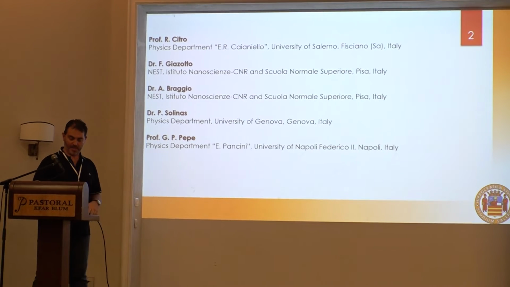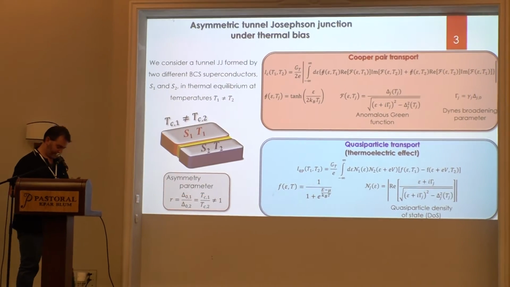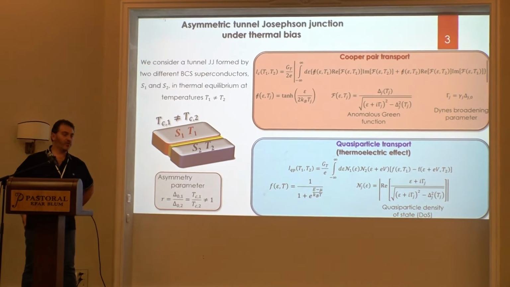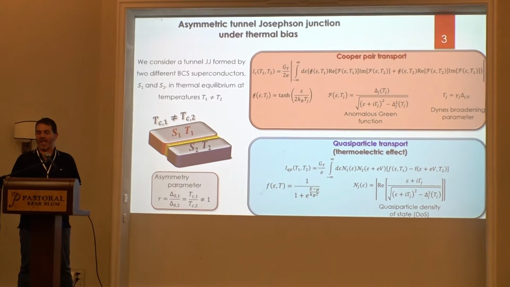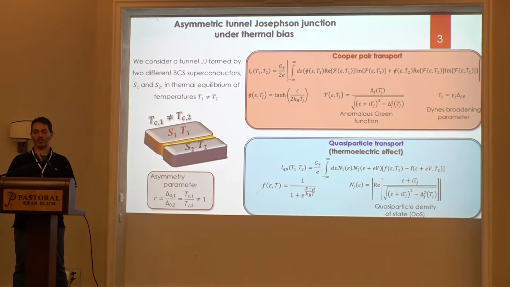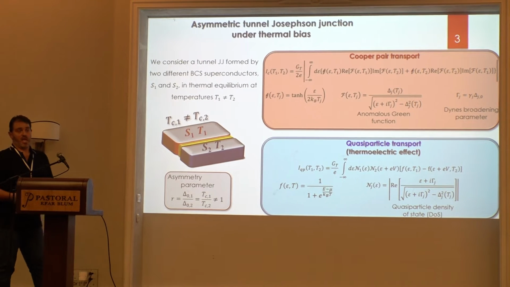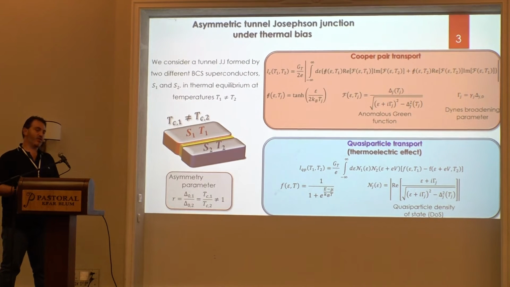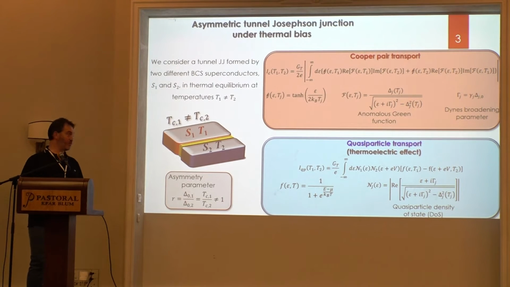But let me move to the focus of the talk. I'm sure yesterday we heard a lot about Josephson junctions, and I'm sure you know everything about conventional Josephson junctions, the sinusoidal current phase relation, and even the possibility that at a temperature different than 0, you can have two kinds of transport, the Josephson and the quasi-particle transport.